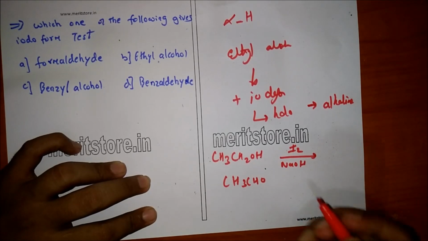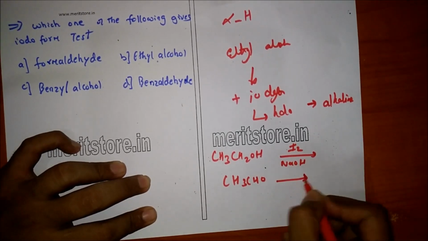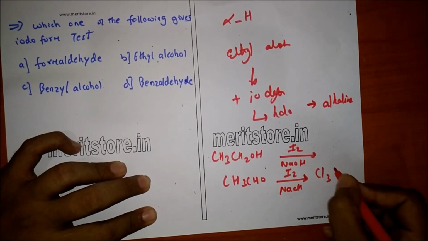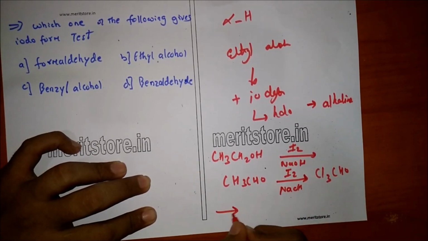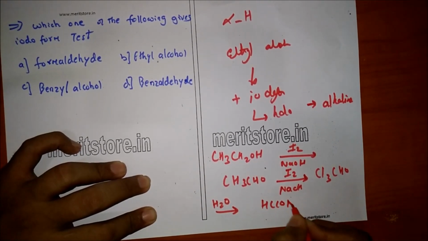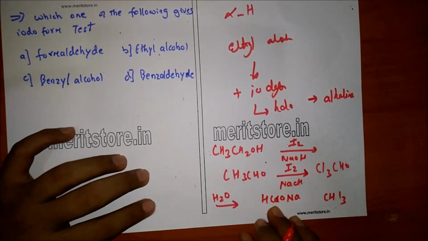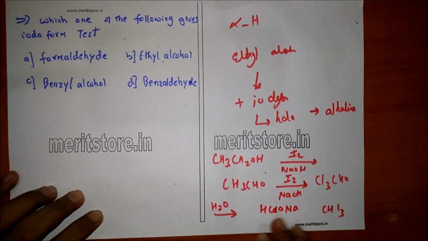Further it forms CI3CHO, which on further reaction with H2O forms HCOONa and CHI3. Therefore, here the correct answer is B, ethyl alcohol.